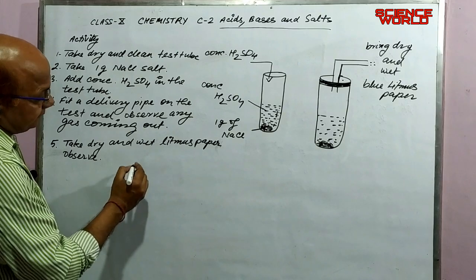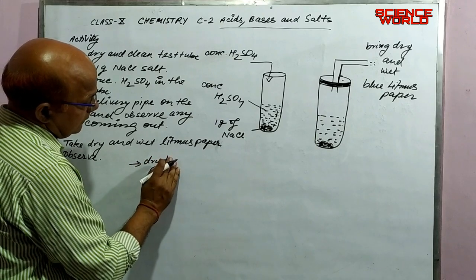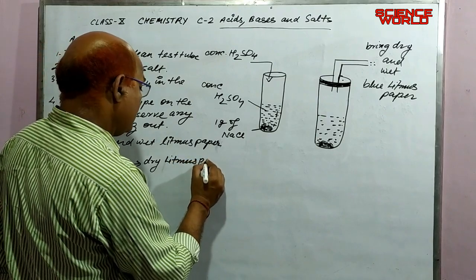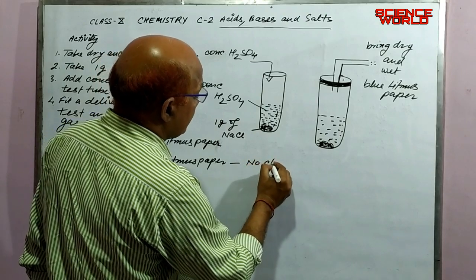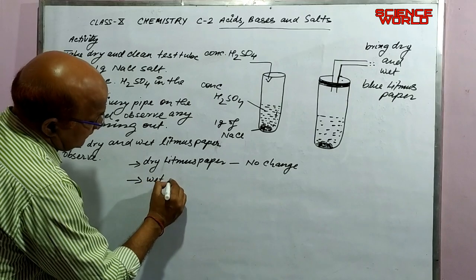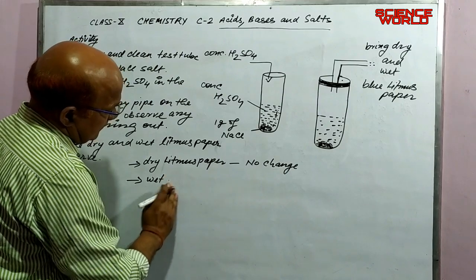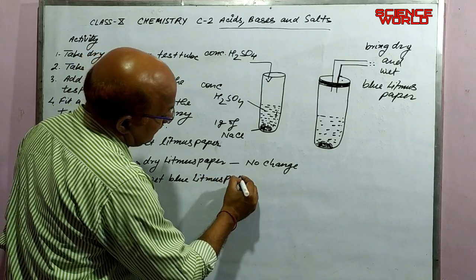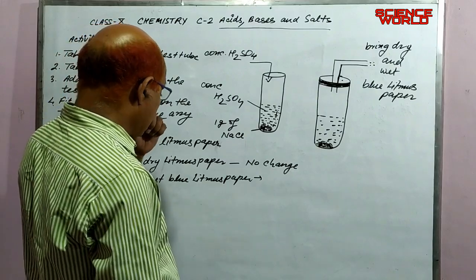What do you observe? In case of dry litmus paper, no change takes place, but in case of wet litmus paper, it is blue litmus paper, wet blue litmus paper, and bring it near the gas, then what happens?